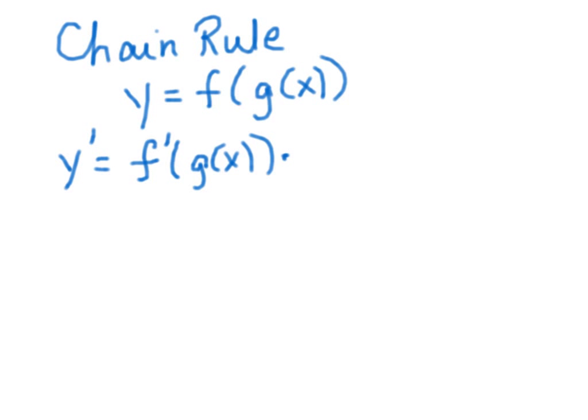And then you multiply it by the derivative of g of x. So you've taken the derivative of the outside, kept that inside left alone, and then multiplied it by the derivative of the inside. So let's look at that function that we just did with sine of x squared.